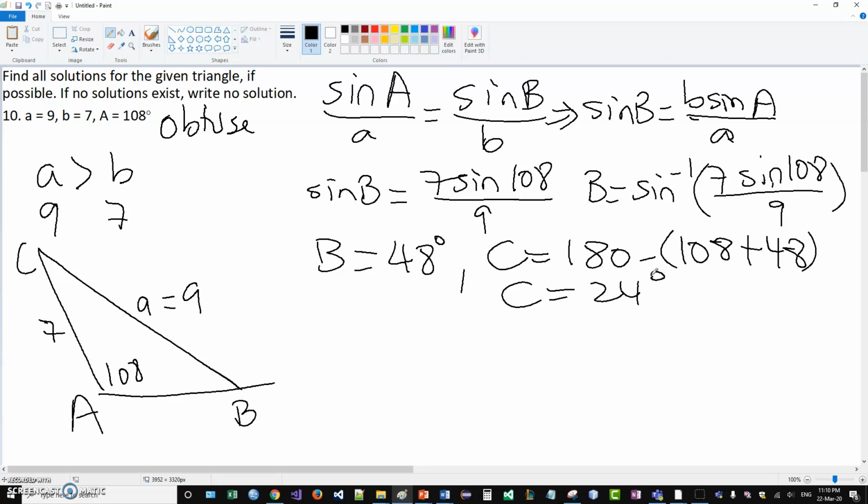Now to find side C, we use the sine law.